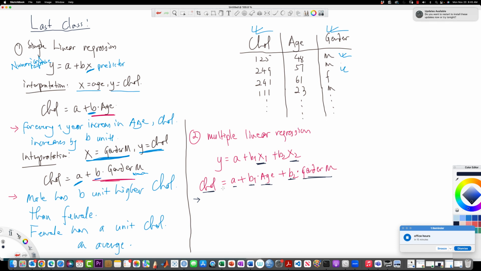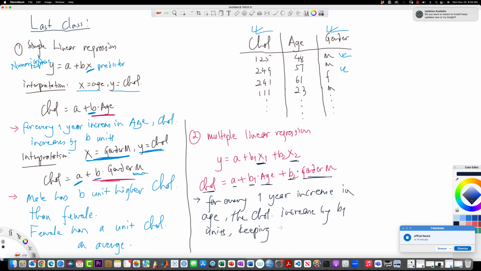The interpretation is very similar, but you need to add one more phrase: keeping all other variables constant. So for every 1 year increase in age, the cholesterol increases by b1 units, keeping all other variables constant.